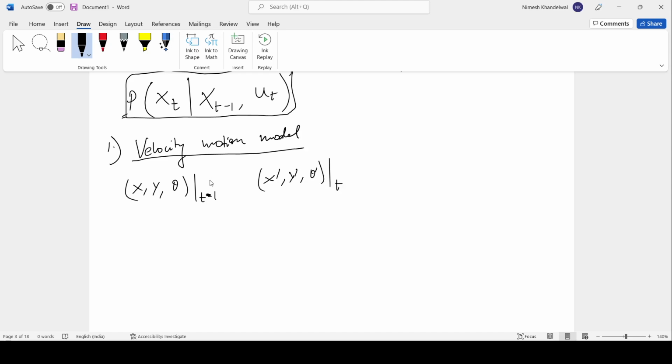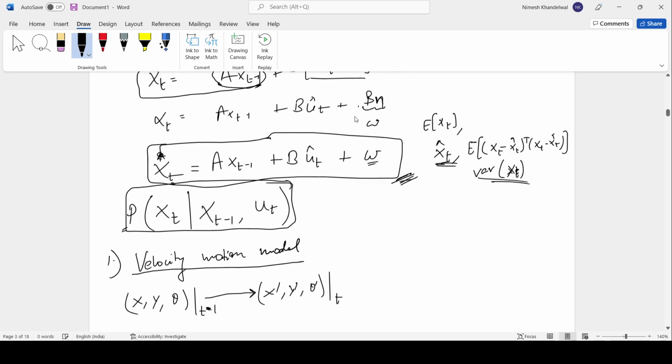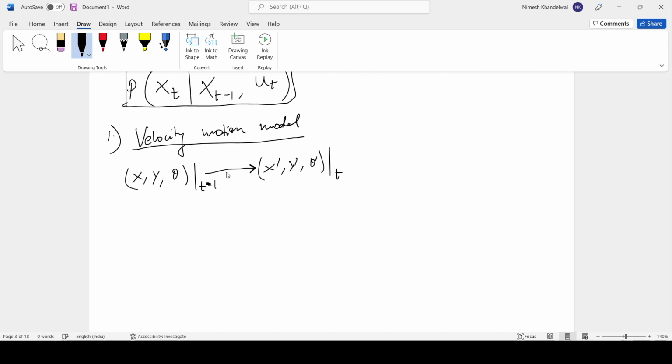And while going from this to this, because we saw above that there will be some noise that will creep into the system, you want an estimate of noise in all three.